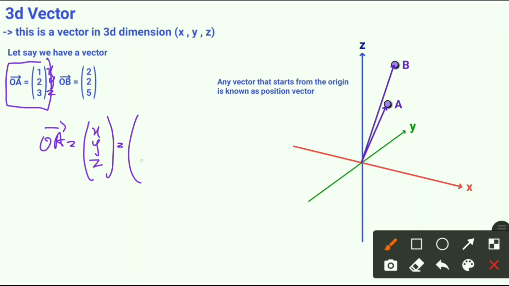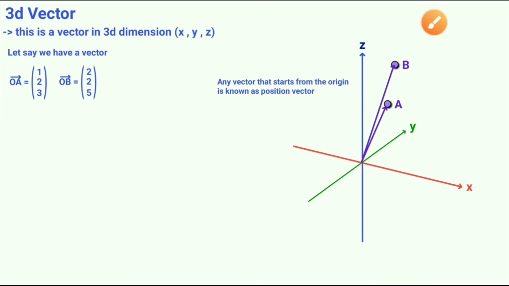OA is equal to (1, 2, 3), which means in the x-axis it went 1 unit, then in the y-axis it goes 2 units, and then in the z-axis it goes 3 units. So this is OA.